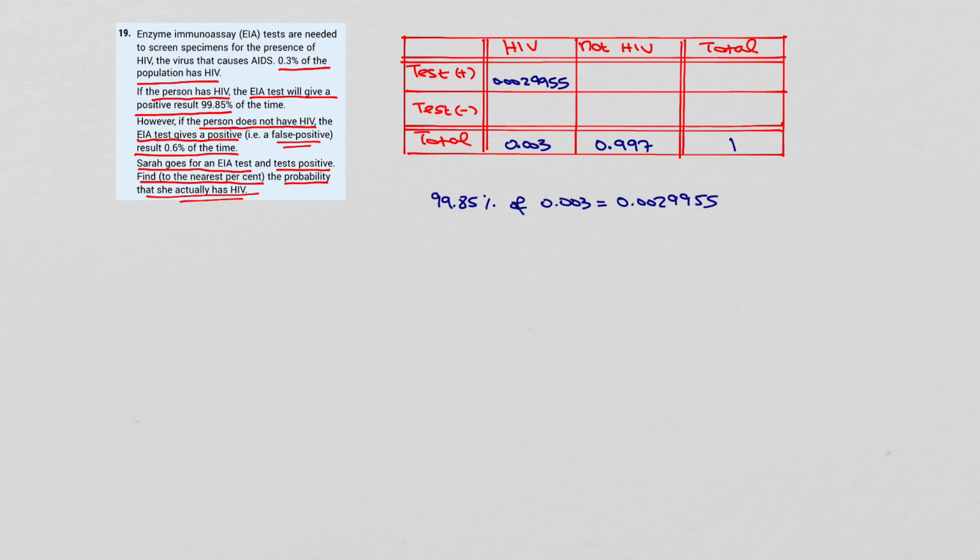So therefore, if I subtract from 0.003, what I end up with is a lot of zeros, so 0.00000045.